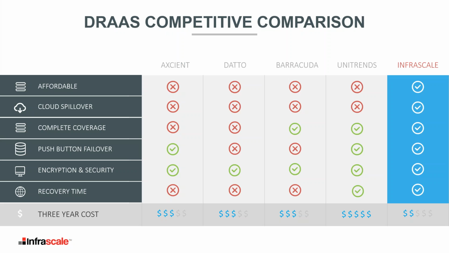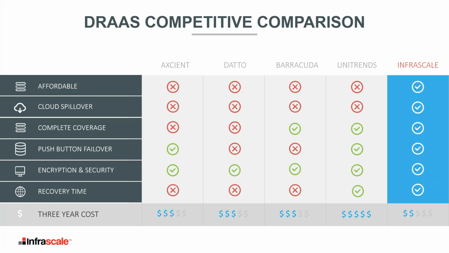And then here is another comparison that we did on a few different features. Things that we've talked about thus far: affordability, cloud spillover, truly complete coverage, push button failover, encryption, security, and that recovery time.